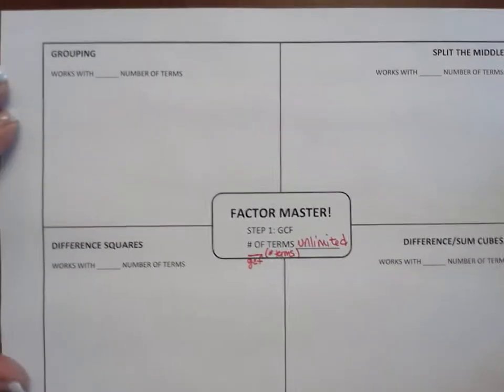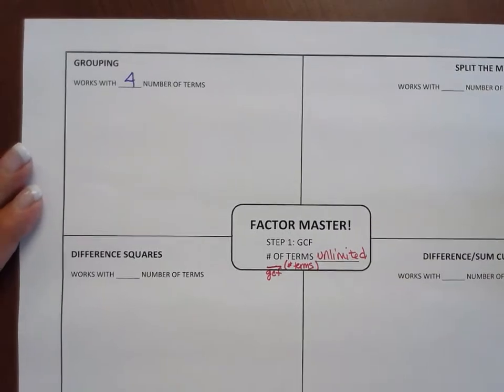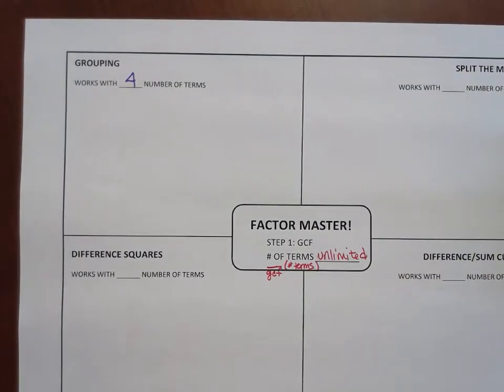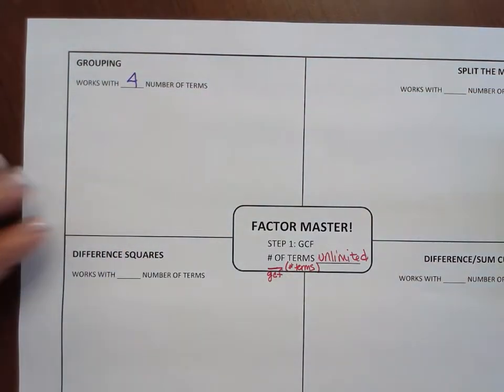All right, so grouping. How many terms do you need to do grouping? 4, absolutely. And what you're doing with grouping is breaking it into 2 separate greatest common factor problems.